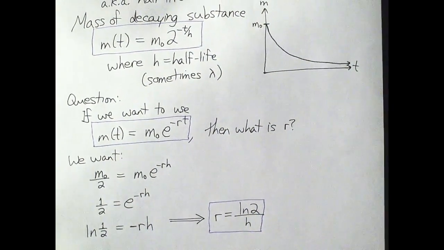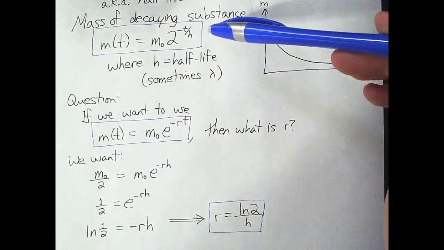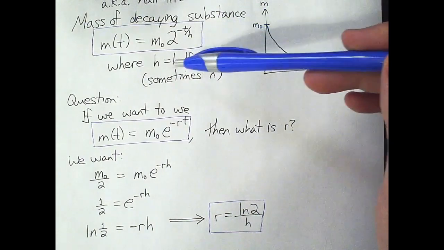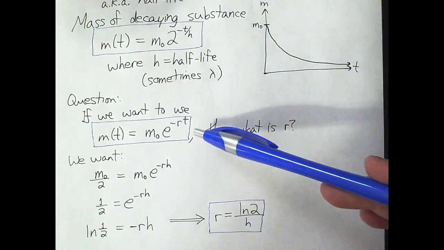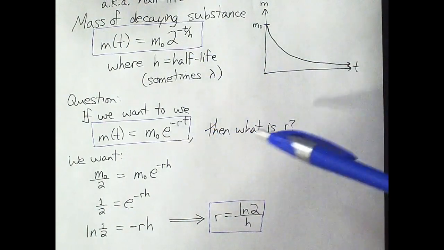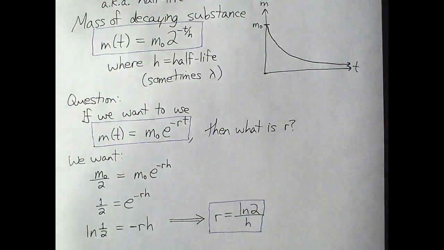So you can see it all on the screen right now. There's the mass of a radioactive decaying substance using a formula where you need to know the half-life. Okay? And then there's this other version of it that's based on e instead. And this is how R and H are related to each other.